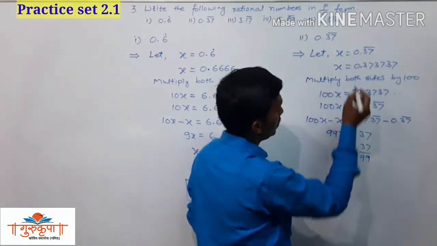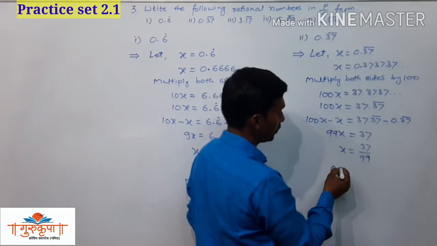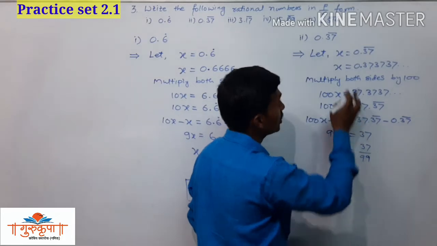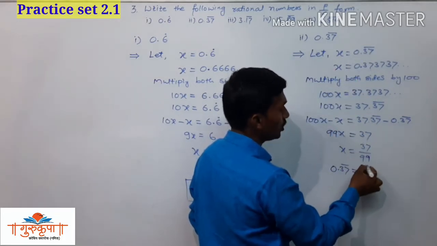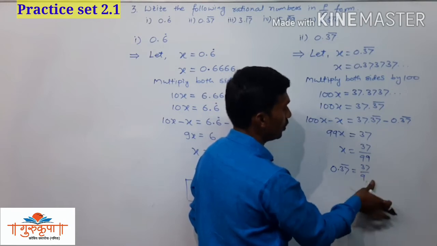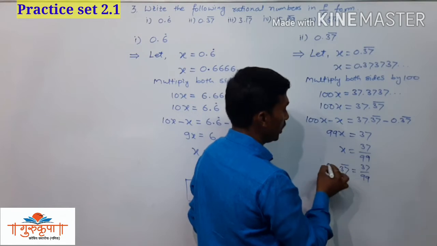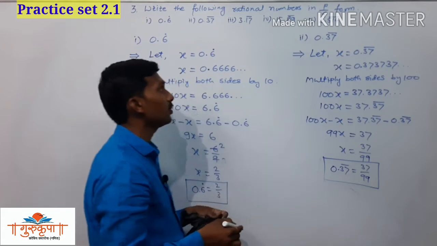So our answer is, remove this x and put 0 point recurring 37 there. In place of x, we write 0 point recurring 37. It is equal to 37 upon 99. So this is all about the second example. This is the answer of the second example from the third question.